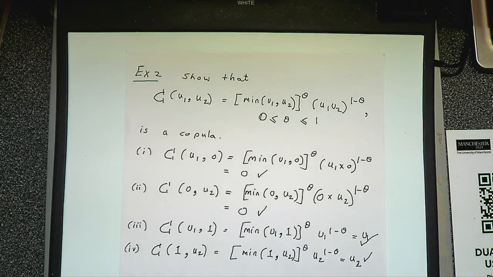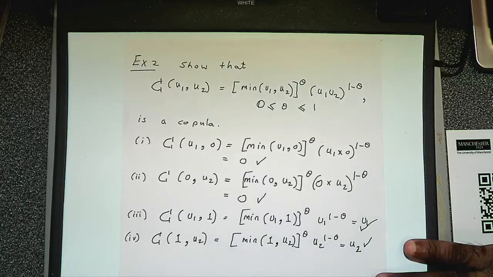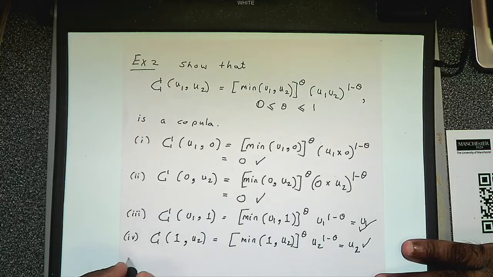Okay guys? Alright, so the first 4 properties, as I said, they're trivial. When you do the last 2 properties, you have to be a little careful.